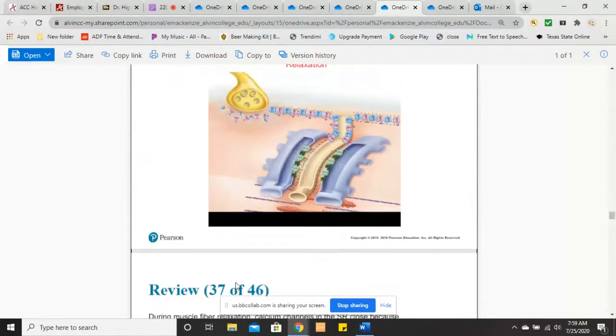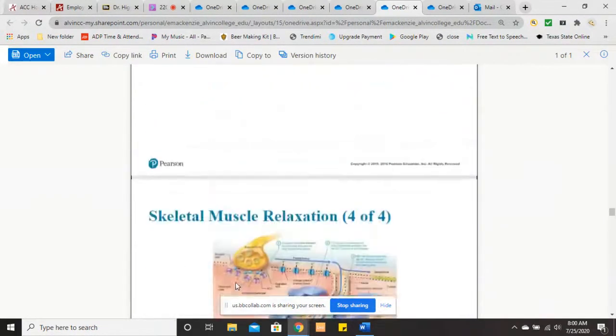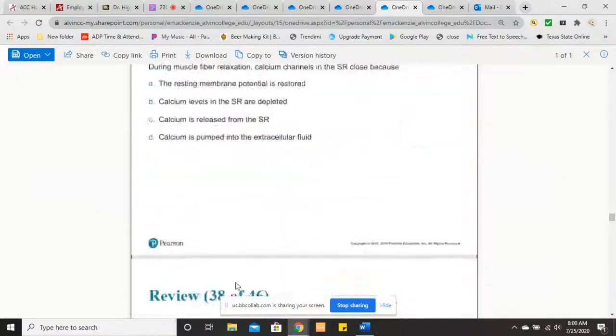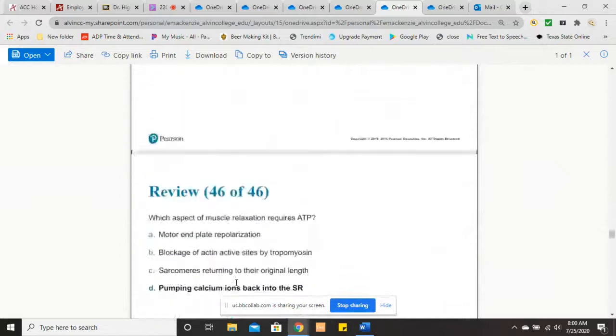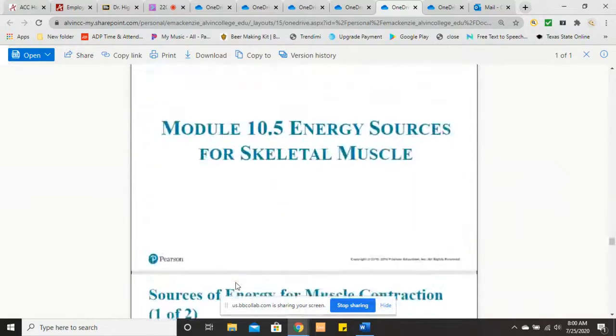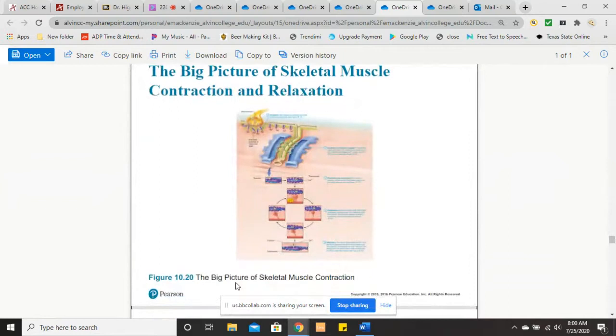Oh, did we get there? Back up. Oh, there we go. Almost there. Here it is. This is the big picture slide. Puts it all together in a skeletal muscle contraction. Make it a little bigger.